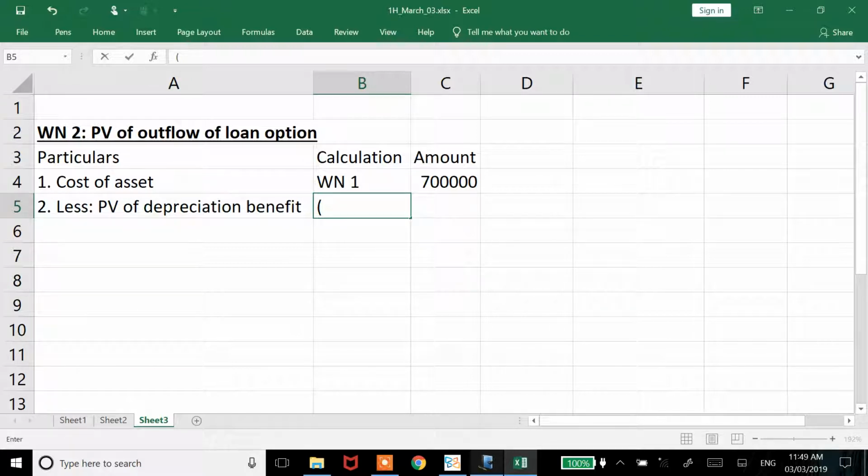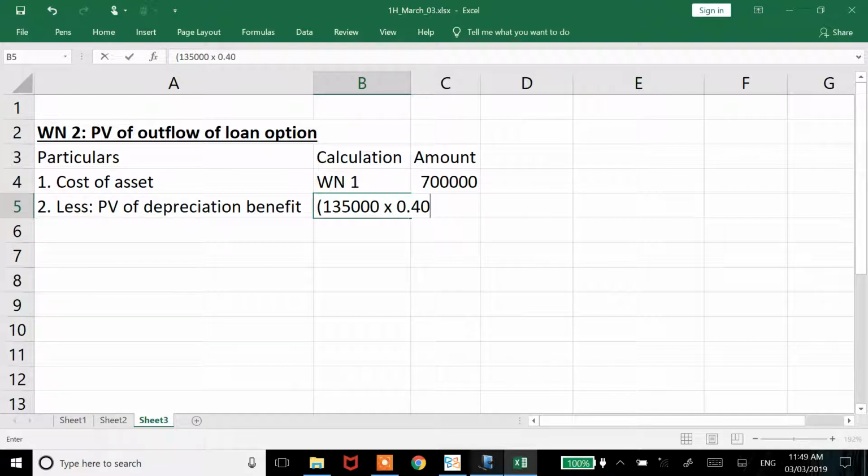Per annum depreciation. So what is the amount? How much? Okay, 1,35,000.